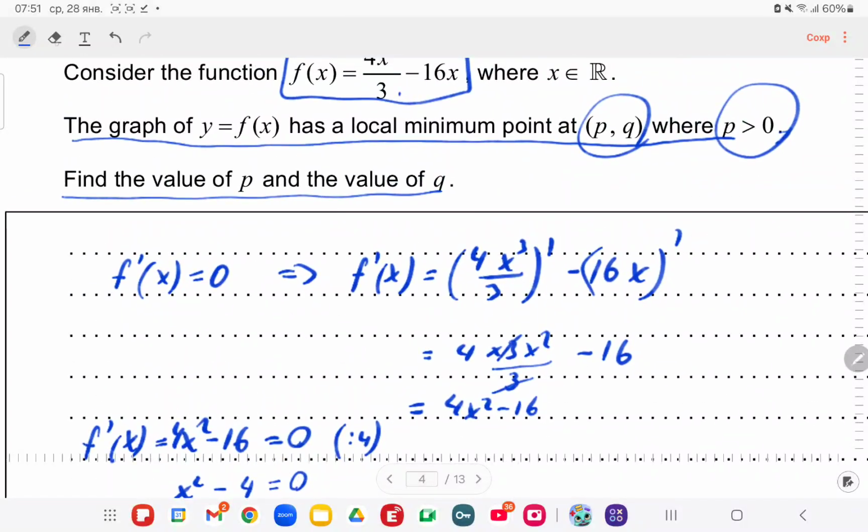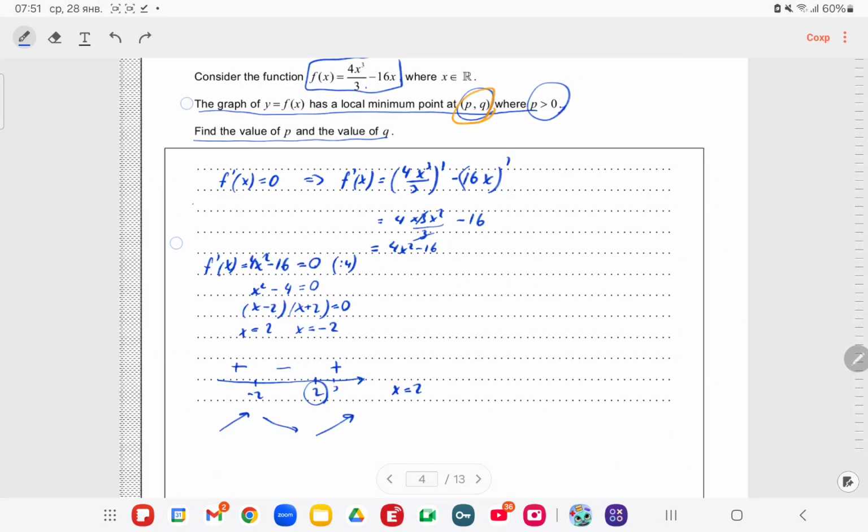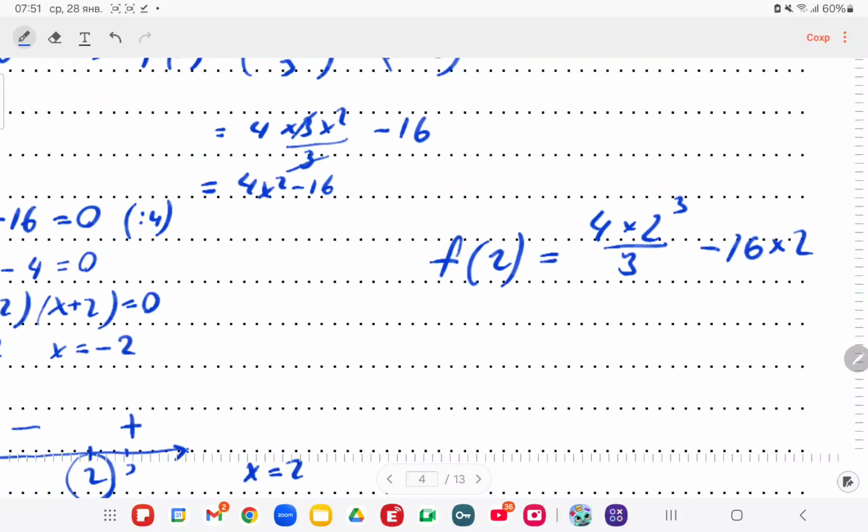It says given the coordinates of the point of minimum, so it means we also have to find the value of q. Let's find the value of q by plugging our value of 2 into our initial function. So f of 2 is equal to 4 times 2 cubed over 3 minus 16 times 2. So this should be calculated.